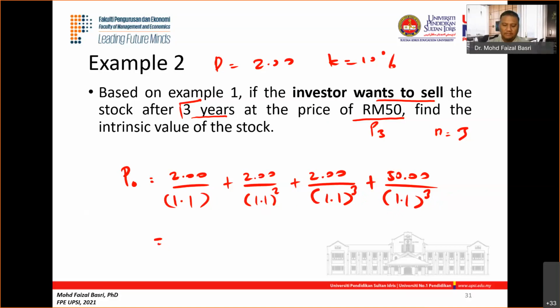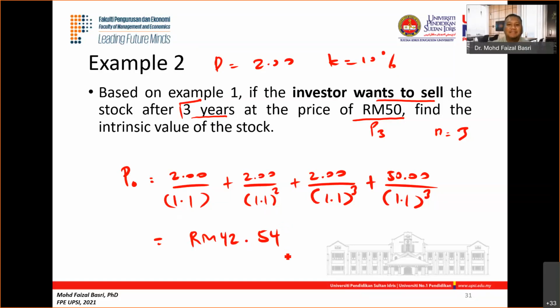So now you have all of this, we can calculate. So RM2 divided by 1.1 plus RM2 divided by 1.1 squared plus RM2 divided by 1.1 to the power of 3, plus RM50 divided by 1.1 to the power of 3. So here is RM42.04.